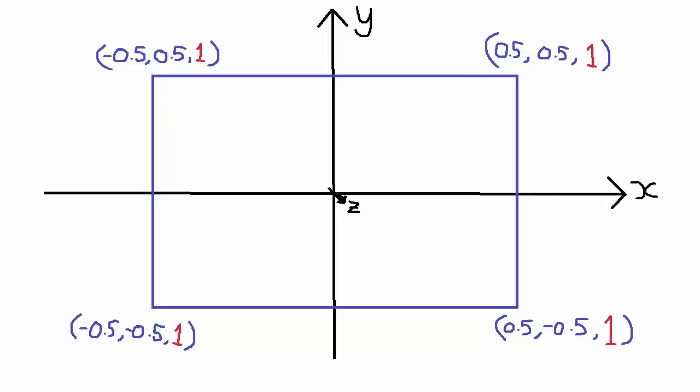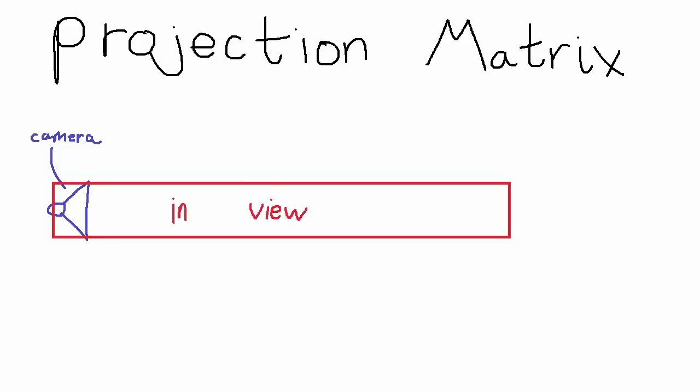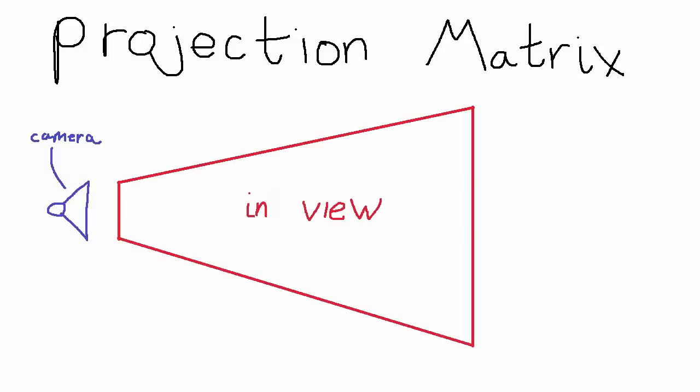We would ideally want the quad to appear smaller the further away it gets. So, as we already know, to change the position of the vertices of a model, we need to use a transformation matrix, and there is one special matrix that does exactly what we want in this case, and it's called a projection matrix. The projection matrix basically changes the view that we currently have to something more realistic, like this.